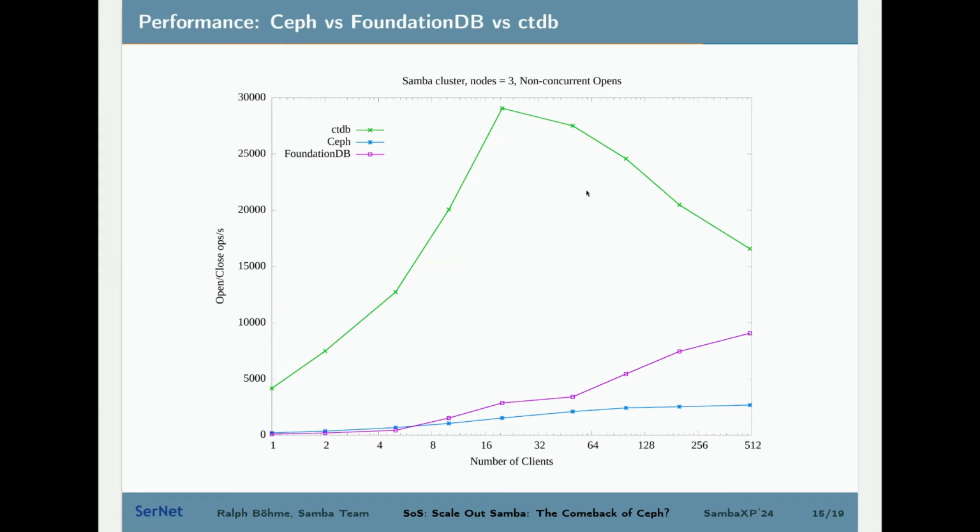So last year, I did some benchmarks with FoundationDB at SambaXP, and then I did an update for SDC, where I was able to use a larger FoundationDB cluster. And you see here that we get something like 3 times as many requests and open close operations per second compared to Ceph.